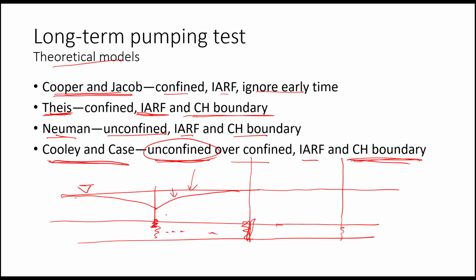We put an imaginary well over there at a distance L from the boundary. So this is the boundary, and L is the same distance that my actual well is from the boundary. And if this is pumping, if I make this well an injection well, then the heads will look like this.